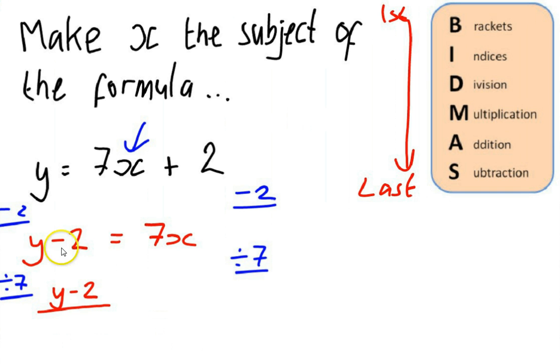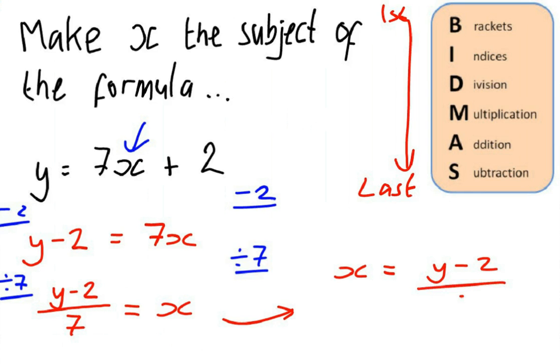So everything on this side, y take away 2, all divided by 7 is equal to, dealt with the left hand side now, so it's 7x divided by 7 leaves me simply with x. Remember, I like to tidy it up a bit, so I would write this underneath, but I've run out of room. So x is equal to y take away 2 all divided by 7.